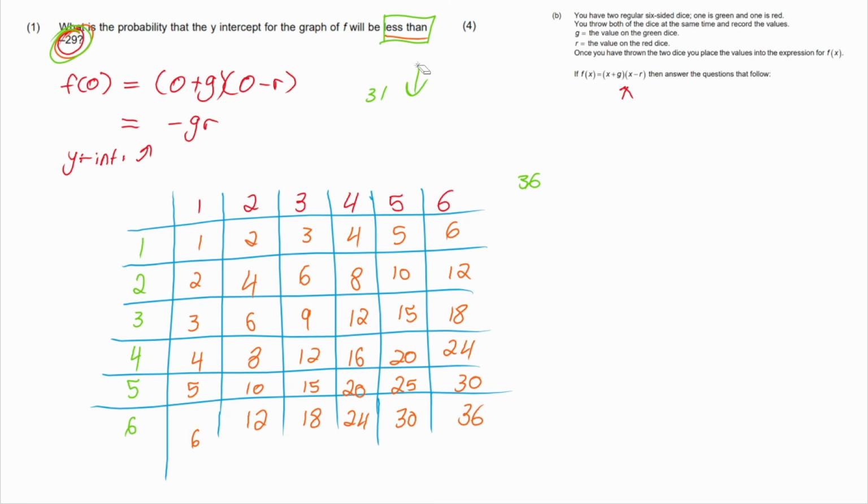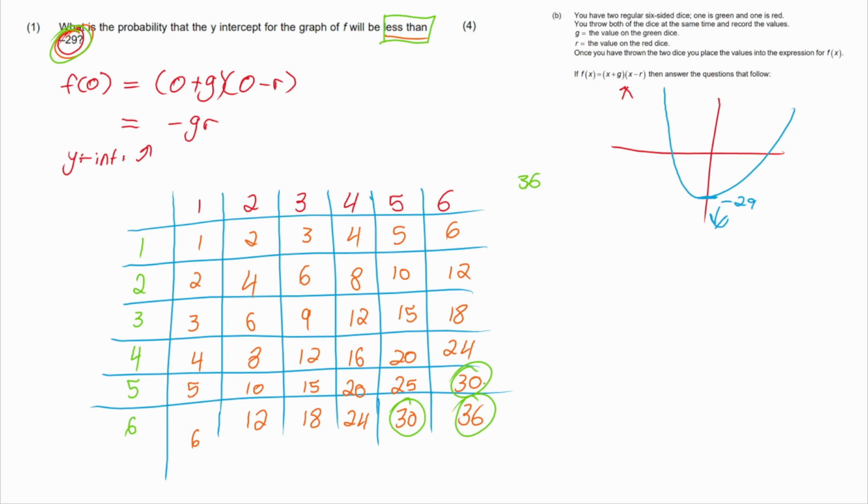If we go back to when I drew the parabola, I'll draw it here. The parabola will look something like this, but here we have negative 29 and we want to be less than that. So what we need to realize is we're actually looking for these values.